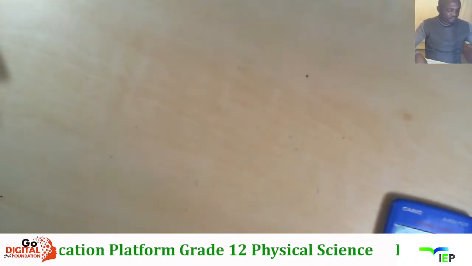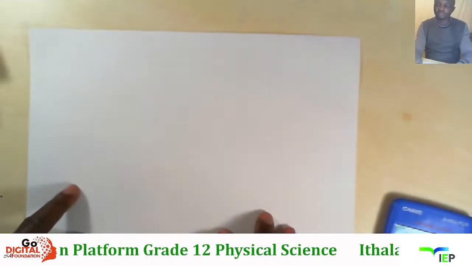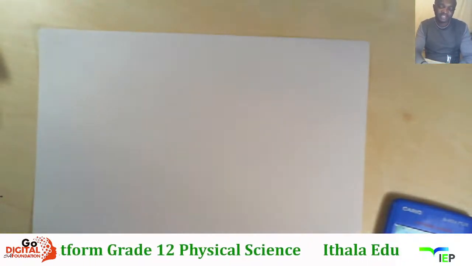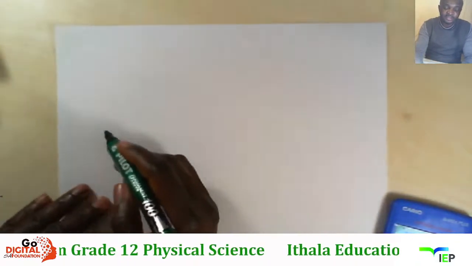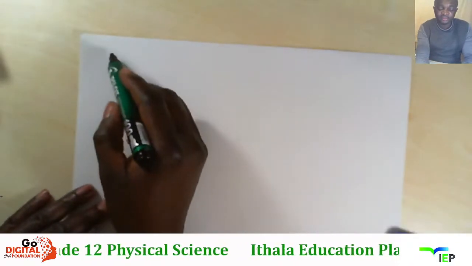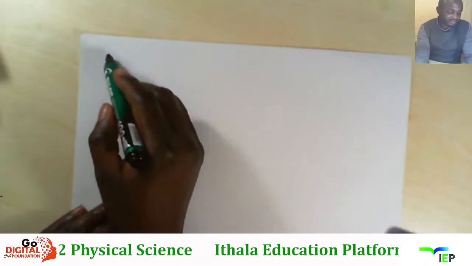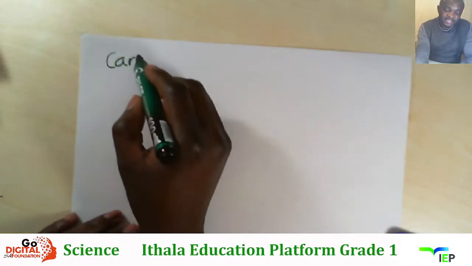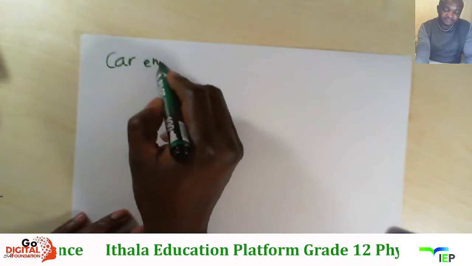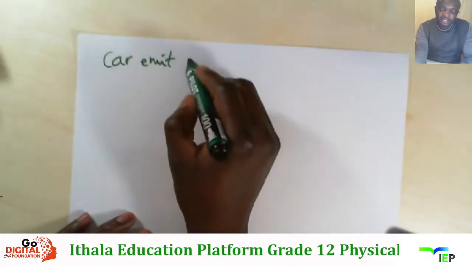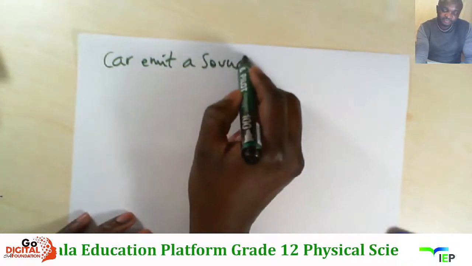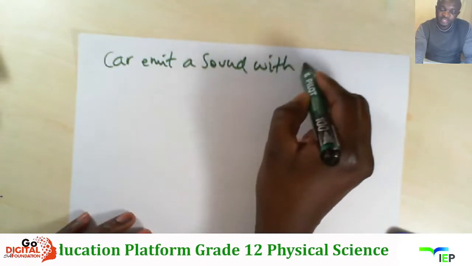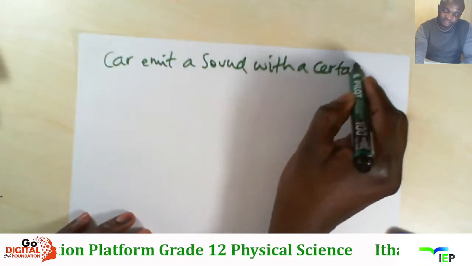you can now have different ways, or the calculator may give you a graph, you can be able to identify that an object or a car, so that the same car emits a sound with a certain frequency, right?